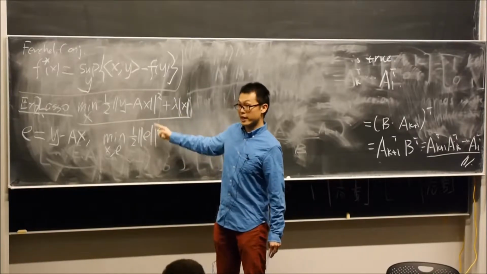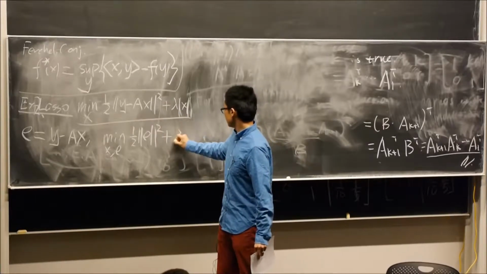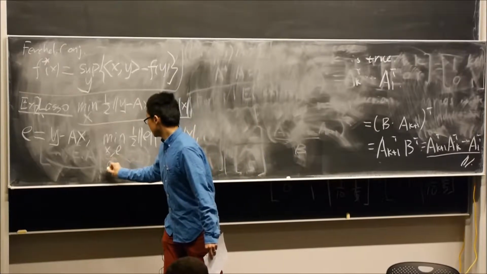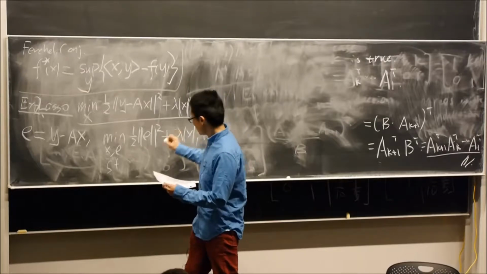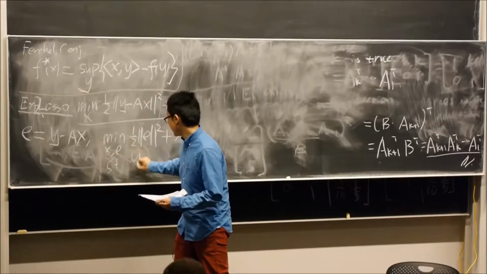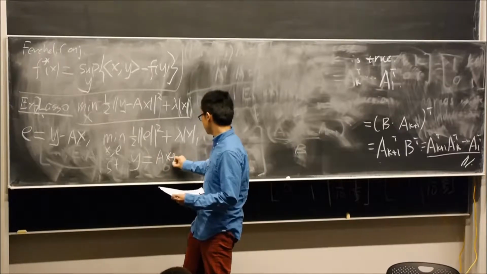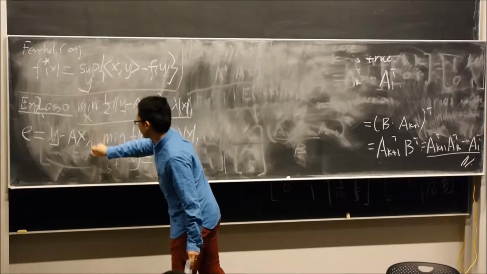So these two are the same, and then plus lambda times the 1 norm of x, subject to y equals Ax plus e. So now we have a constraint form of lasso.